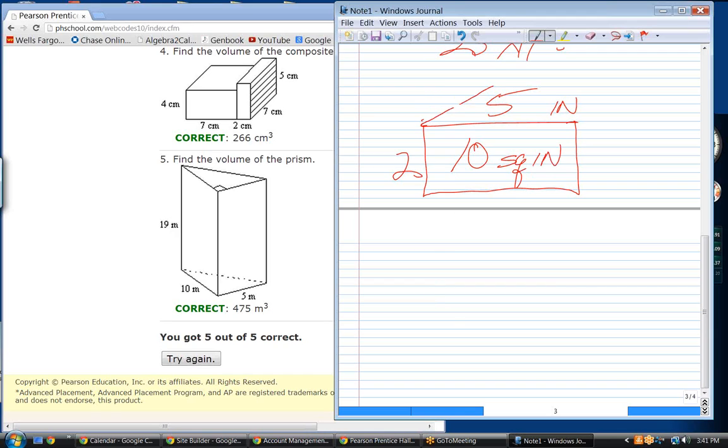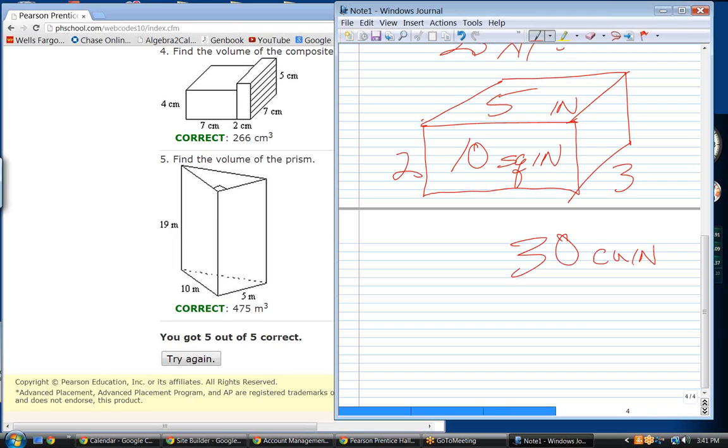And the volume of this rectangular prism is 2 times 5 times 3, 30 cubic inches, because it's 3 dimensions. 3 dimensions is always volume in cubic inches. Area is always square inches and 2 dimensions. And scalar measurements are always 1 dimension. Okay.